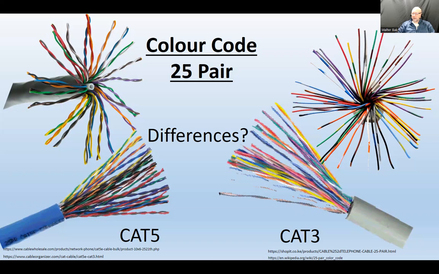So instead of running 12, 15, 20 cables, you could just run one of these 25 pair cables and be done with it, right? More aesthetic, less mess, and you can control the wiring in a more convenient way.